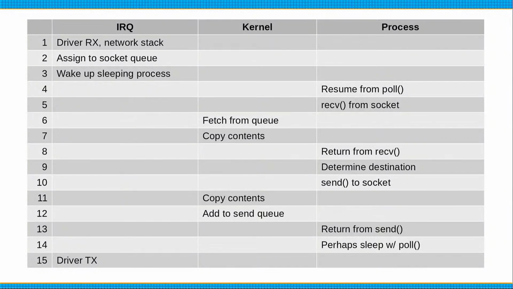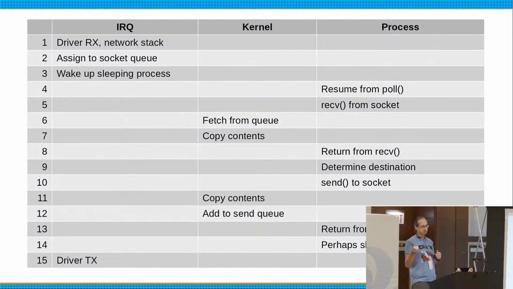Execution then continues in the kernel, where it retrieves the packet, copies the packet out, context switch back to the process where it now has the packet, picks up a different socket, does the send to that socket, which is another context switch back into the kernel, where it then copies the contents out again and adds it to a write queue on the socket.